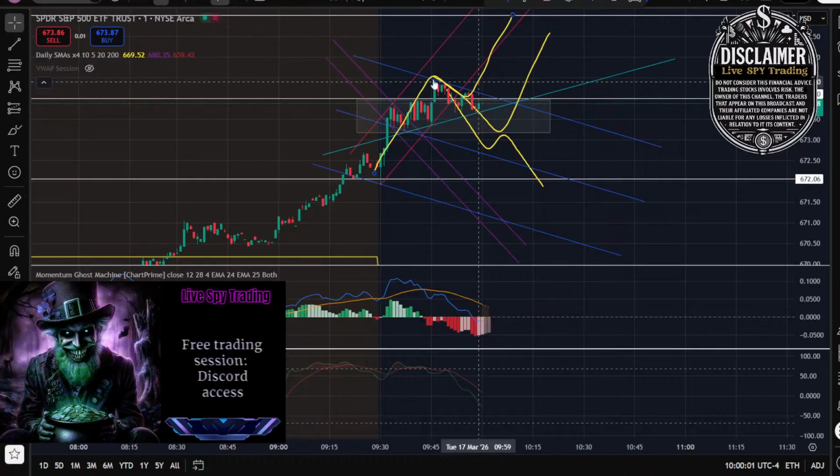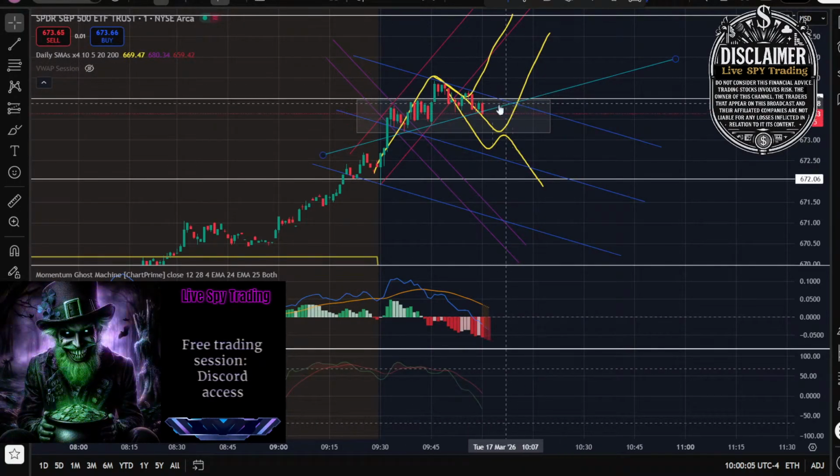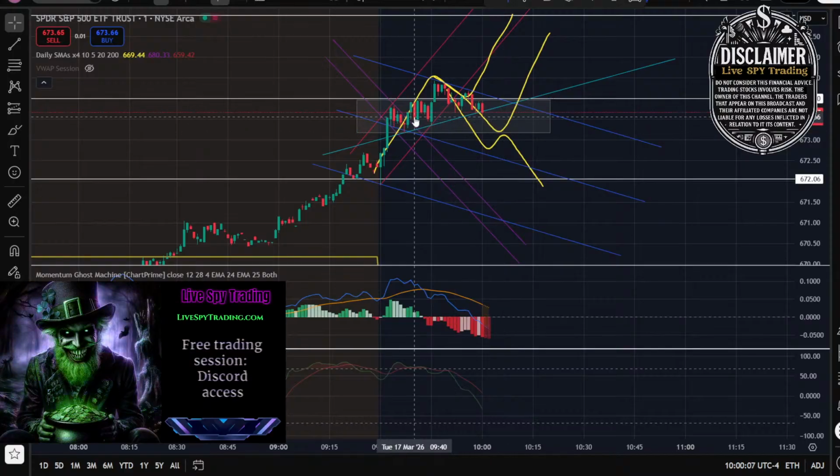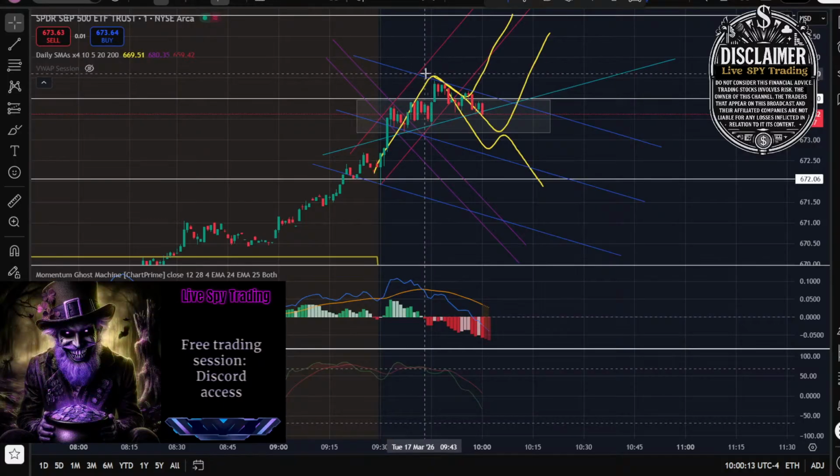And I'm also interested to see if it's going to build in magenta and break the teal. So for the up, we need to test purple and blue. For the down, we need to test, what is this? Magenta and teal.